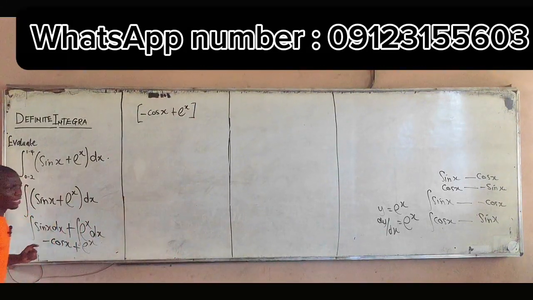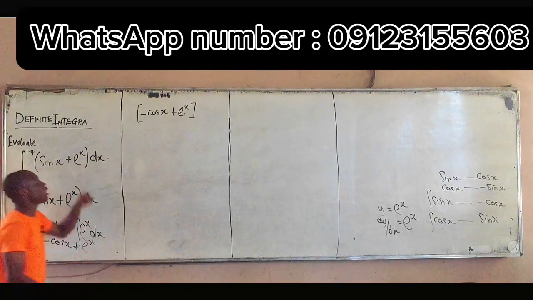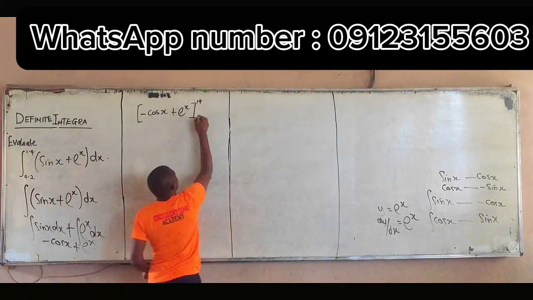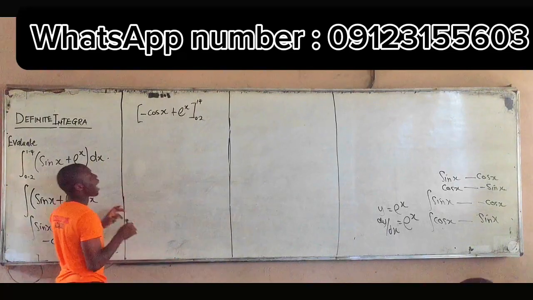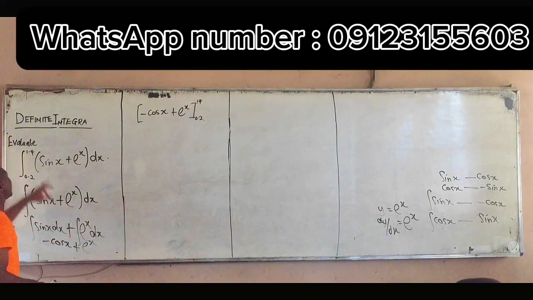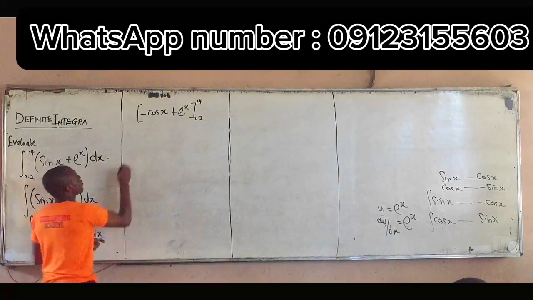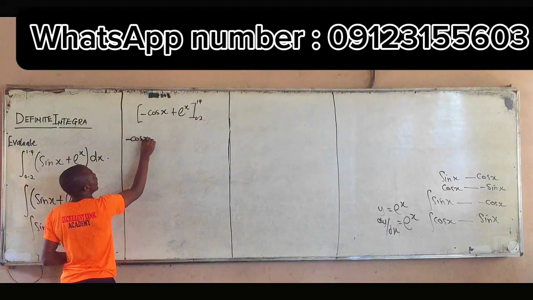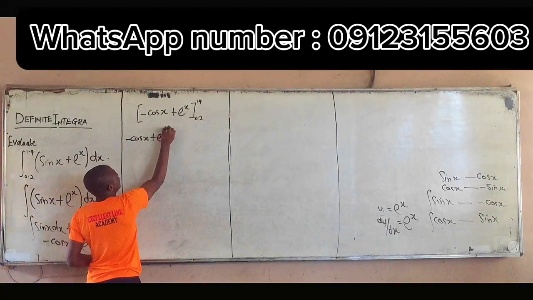Now, what are my limits that I ignored? 1.4 and 0.2. Put them here: 1.4 and 0.2. Now apply the general formula for definite integral. That becomes minus cos x plus exponential x.